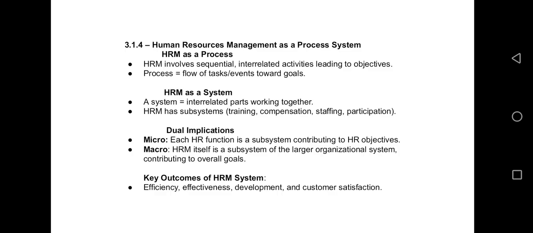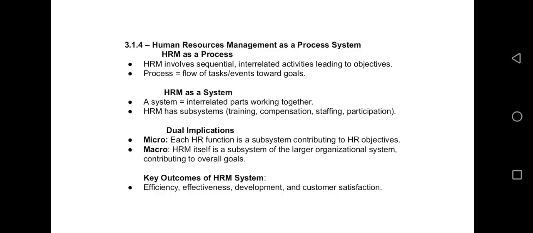HRM as systems: training, compensation, staffing, participation. Dual implications. Another implication were micro and macro. Micro is referring to each HR function as a subsystem contributing to HR objectives.